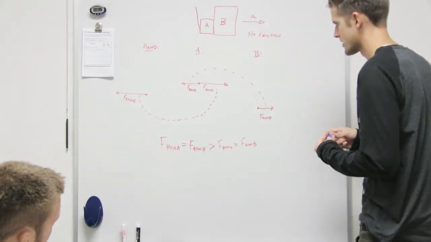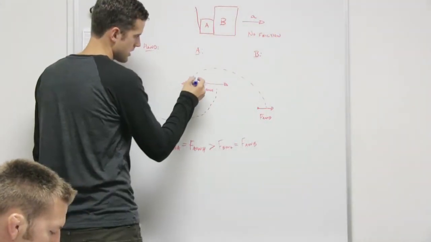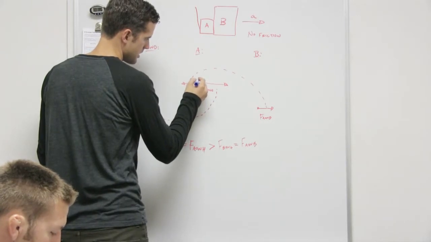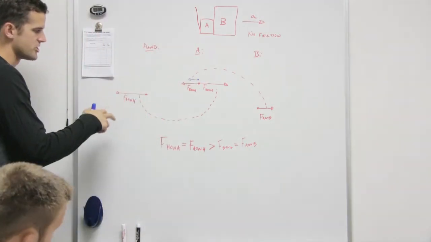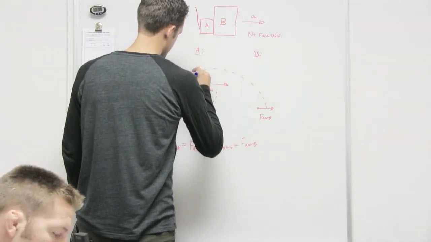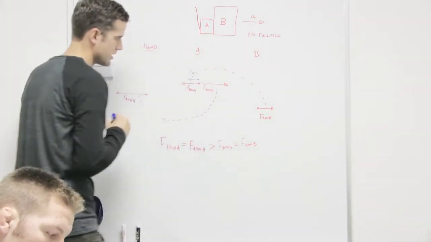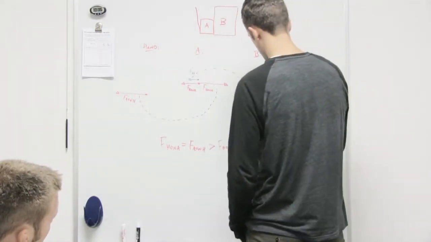So which ones are gonna have friction? The hand doesn't have any friction, right? Right. So you're just gonna throw some kinetic friction on A here, and then some on B as well.